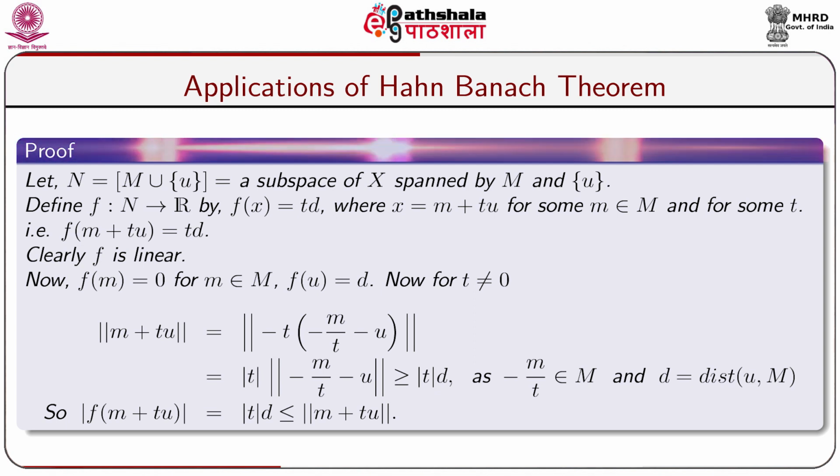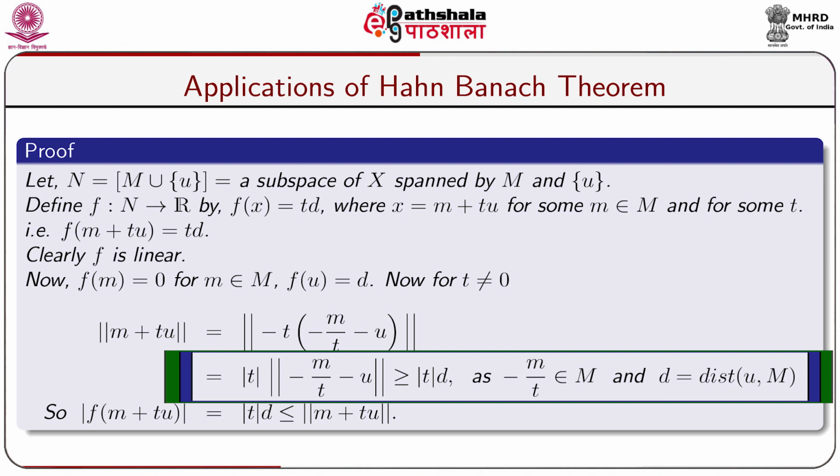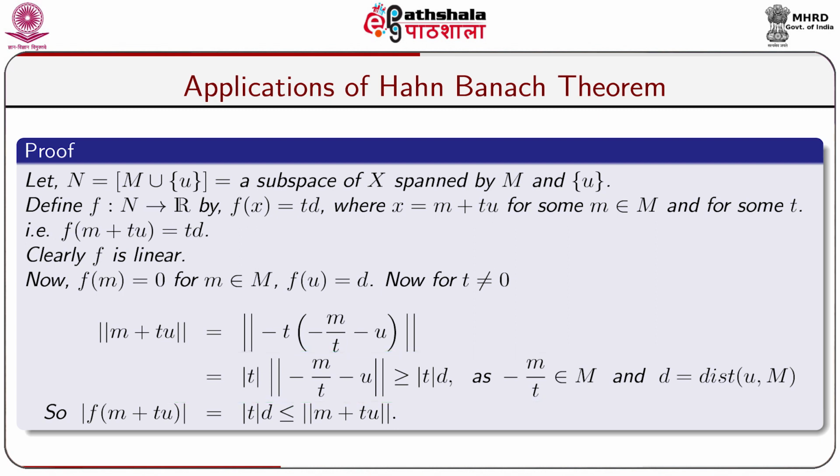Now, for t not equal to 0, norm of m plus tu is equal to norm of minus t of minus m by t minus u, which is equal to modulus of t into norm of minus m by t minus u by the norm axiom property 2, which is greater or equal to modulus of t into d by the infimum property of d, as minus m by t belongs to capital M and d is equal to distance of u comma m.